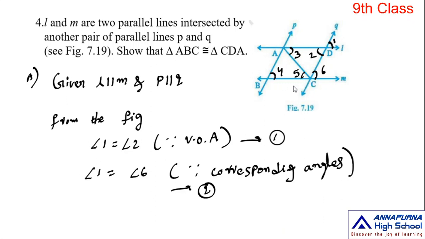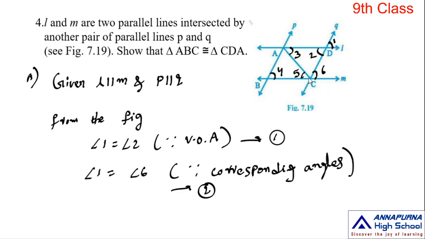Next, see the figure. P is parallel to Q, and M is the transversal. Angle 4 and angle 6 are corresponding angles. Angle 4 is the interior angle, and angle 6 is the exterior angle, on the same side of the transversal.